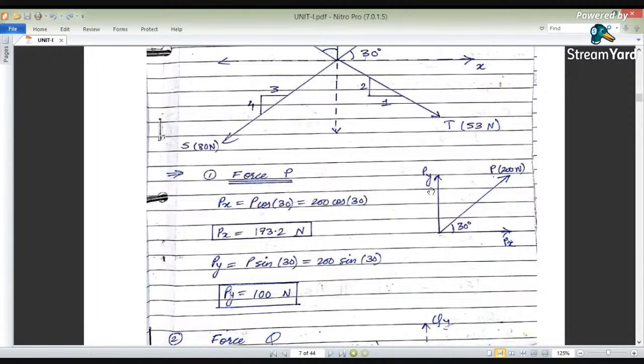Again Py is the opposite side, so it is sin 30: 200 sin 30, which comes to Py as 100 newtons.